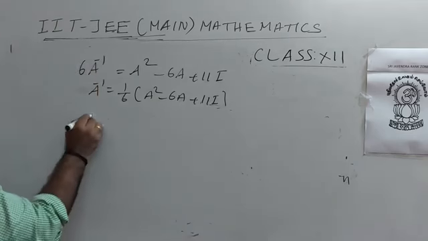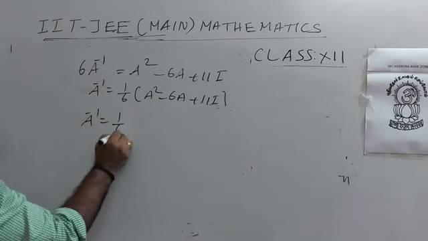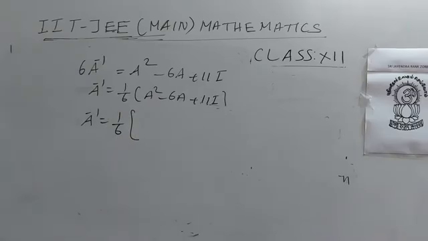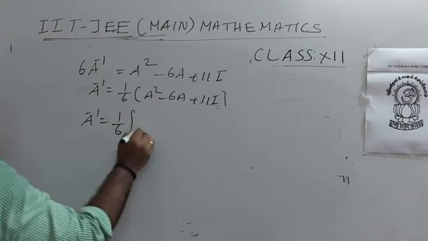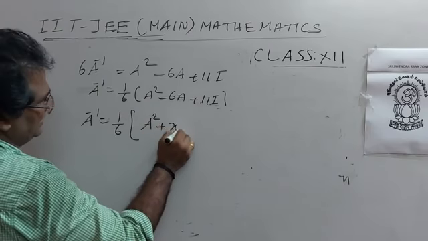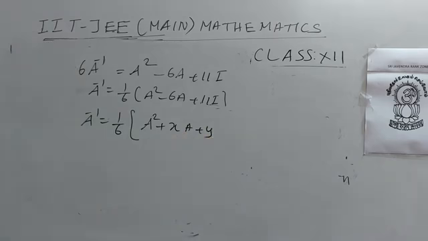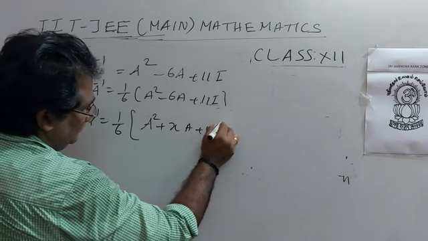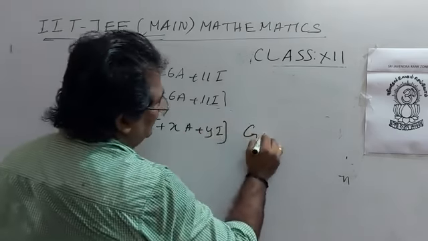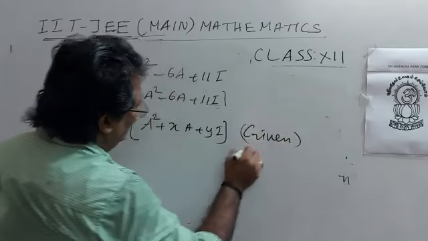So A inverse equals 1 by 6 (A squared plus XA plus YI), that is given.